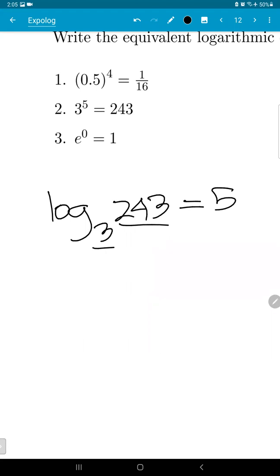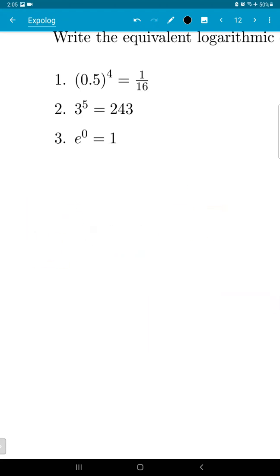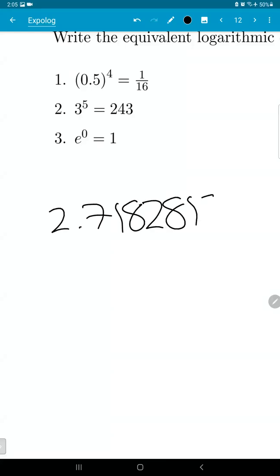How about number 3? I discussed yesterday in the exercises the definition of e, how it was obtained, and it's just a constant, an irrational number. It's approximately 2.718.